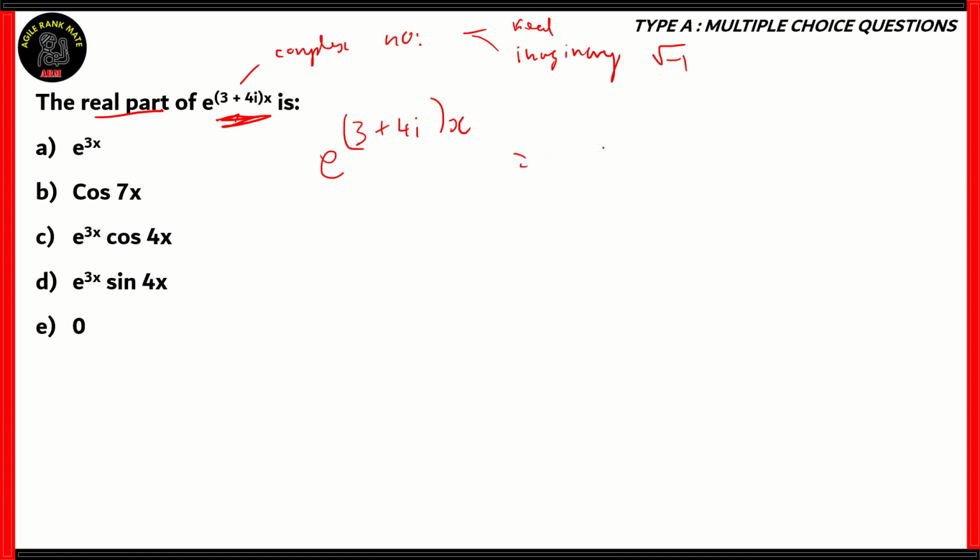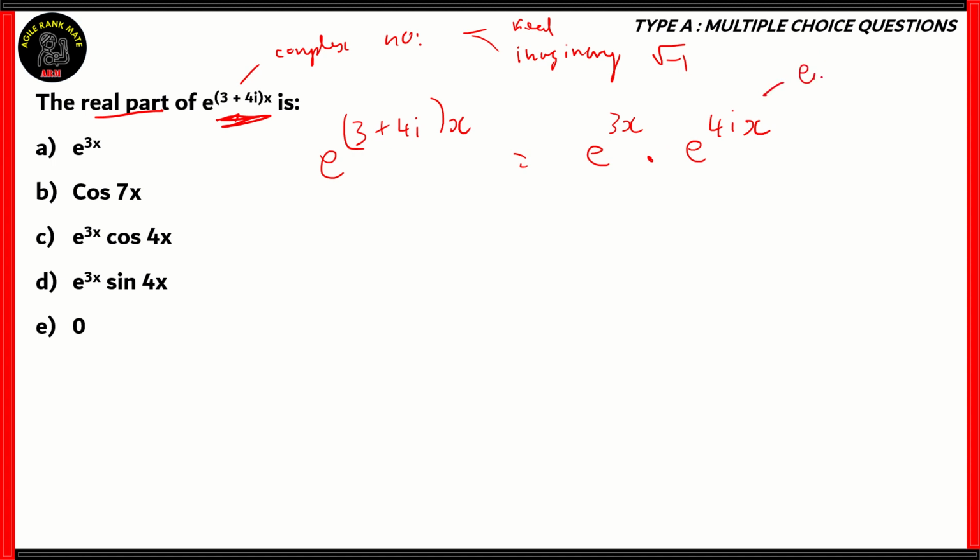So the number that we have can be taken as the product of e raised to 3x and e raised to 4ix. Now, we have e raised to an imaginary number.